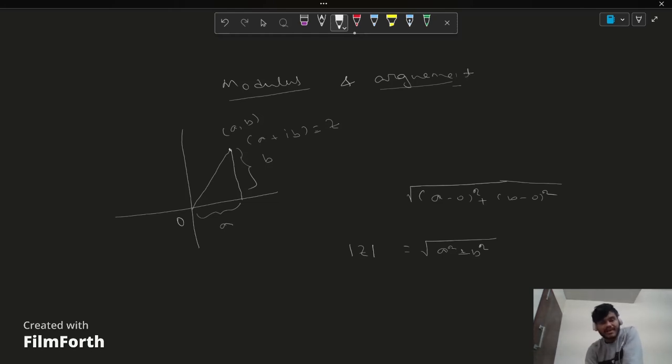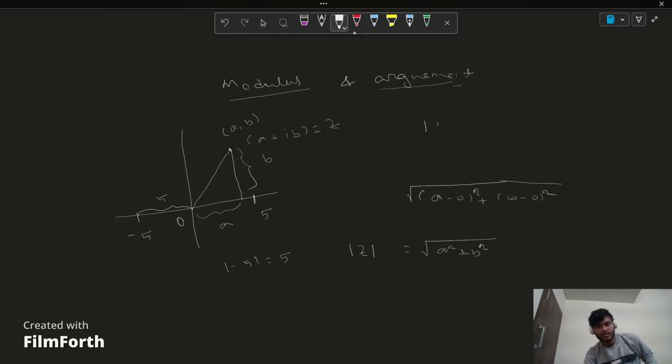Now for the real line, let us say that it is 5, this is minus 5. For the real line, the modulus is the usual mod that we say for the real line, right? Because for minus 5, the distance from the origin is 5 units. That's why mod of minus 5 is equal to 5, and similar cases.